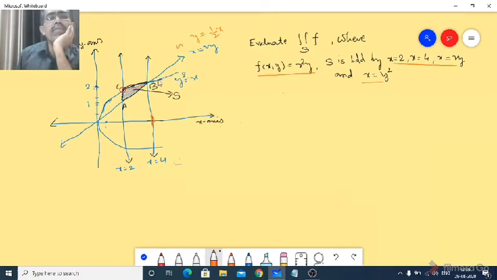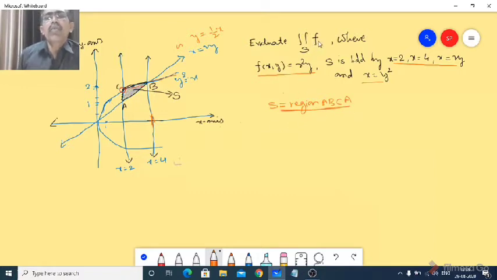This is the parabola y squared is equal to x, symmetrical about the x axis, because the power of x is 1 here. Suppose S is the closed and bounded region ABCA.